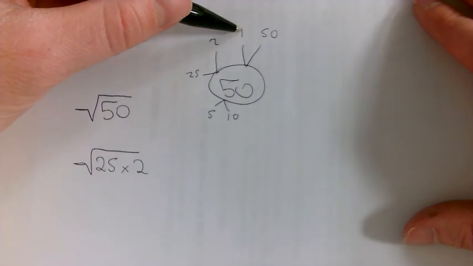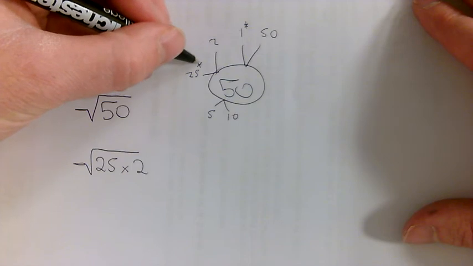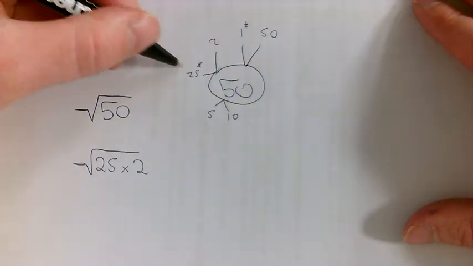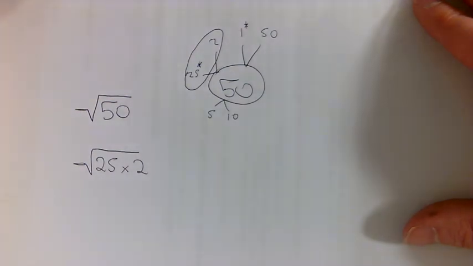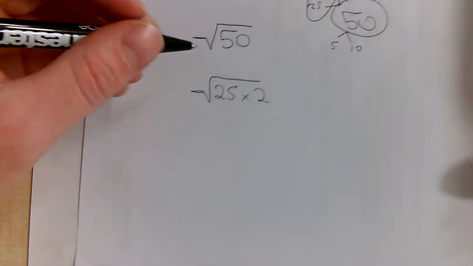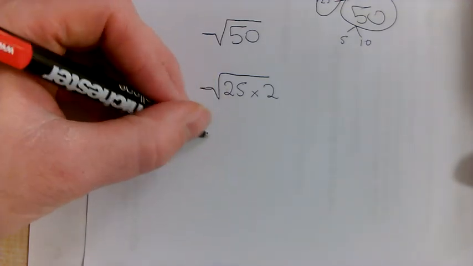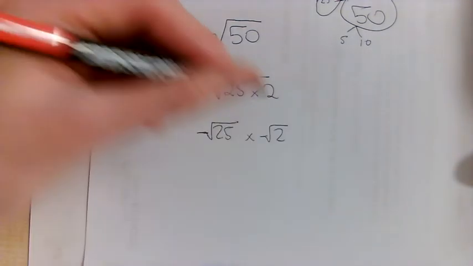1 is a square number, so I could use that and the 50, but 25 is also a square number, and it's the biggest square number that divides into 50 evenly, so I will use the 2 and the 25 to express 50. Now from here we can rewrite this as root 25 multiplied by root 2.